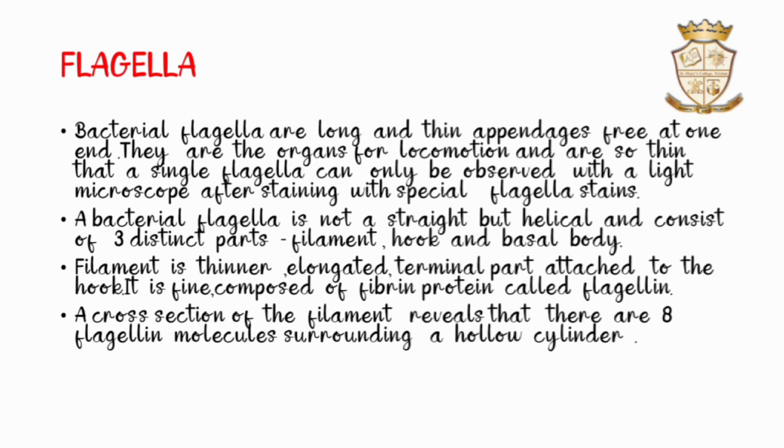A bacterial flagellum is not straight but helical, consisting of three distinct parts: filament, hook, and basal body. The filament is the thinner, elongated terminal part attached to the hook, and it is composed of a fibrous protein called flagellin. A cross-section of the filament reveals that there are 8 flagellin molecules surrounding a hollow cylinder.